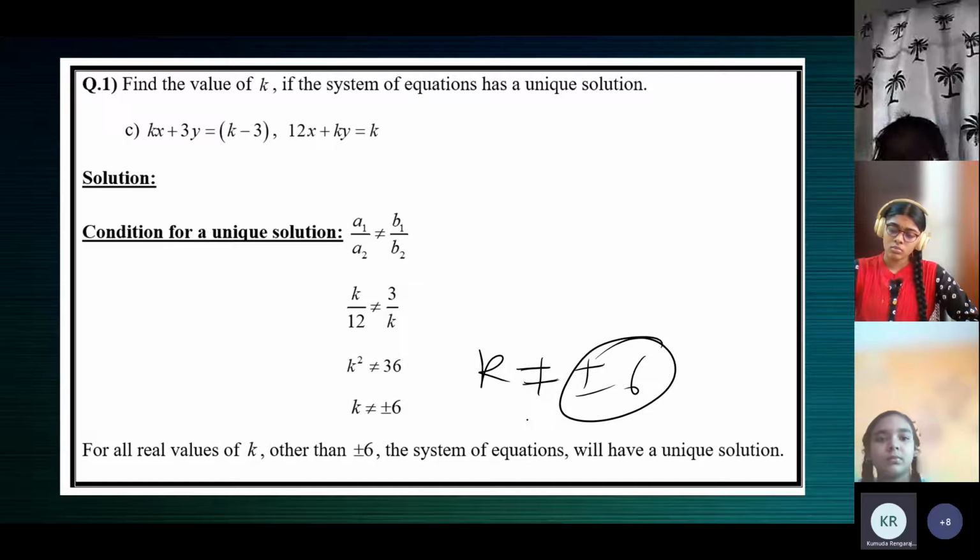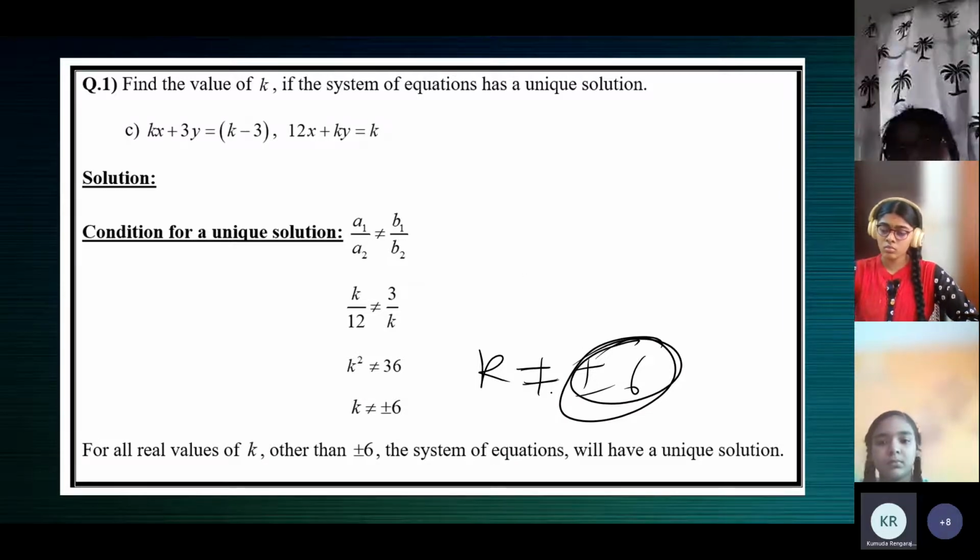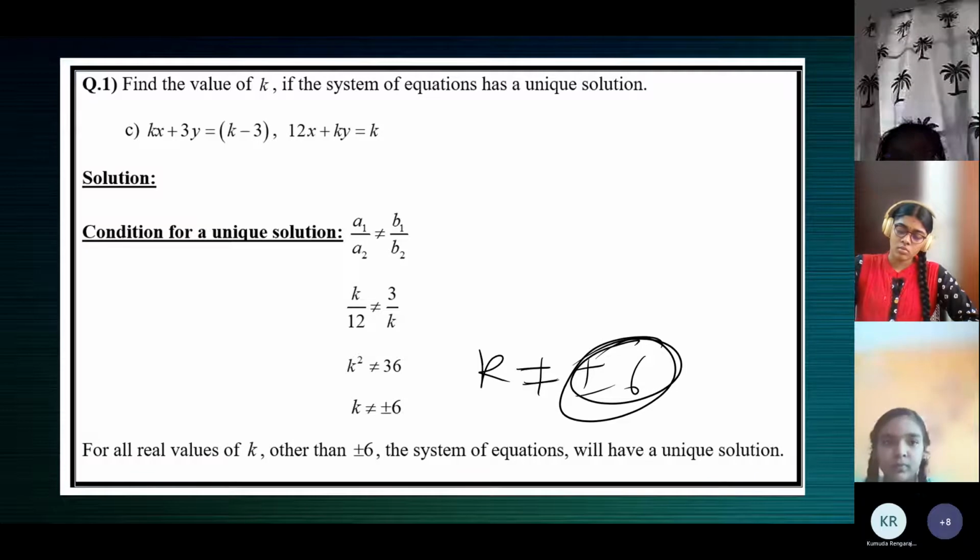That means k can be any real value other than these two values. K should not be plus or minus 6. It can be anything else. So for all real values of k other than plus or minus 6, the system of equations will have a unique solution. So for unique solution, you will get many values of k.